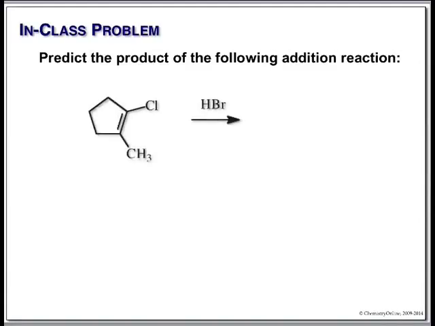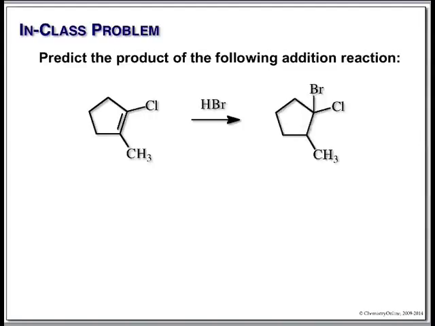All right, let's look at this guy. Once again, Markovnikov's rule does not apply here, does it? Because we have no hydrogens. The product of this is the 1-bromo, 1-chloro, 2-methyl cyclopentane.